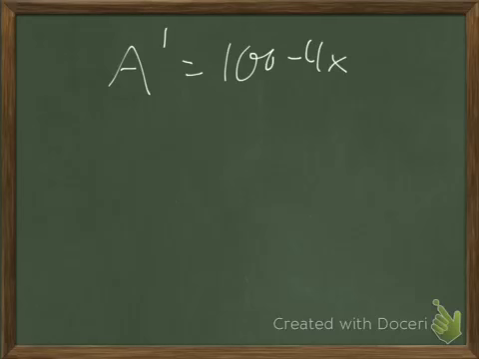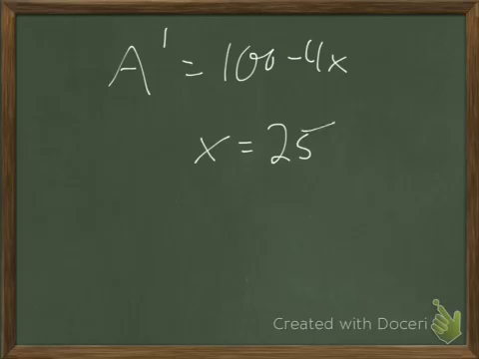Well, now that we have... What do we have? We have that a prime equals 100 minus 4x, and when the derivative changes, x is 25.